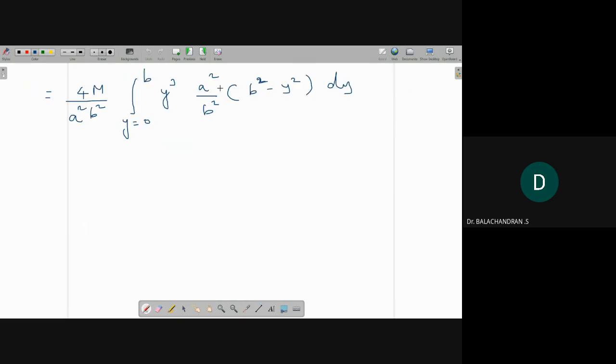Okay, so now a square gets cancelled, 4m by b power 4, integration y equal to 0 to b, b square into y cube minus y power 5 into dy. Now integrate.